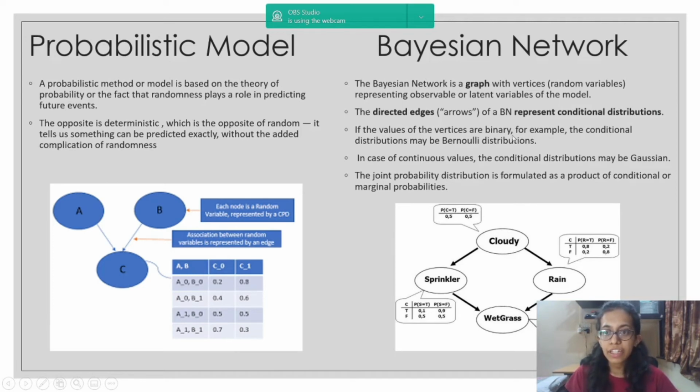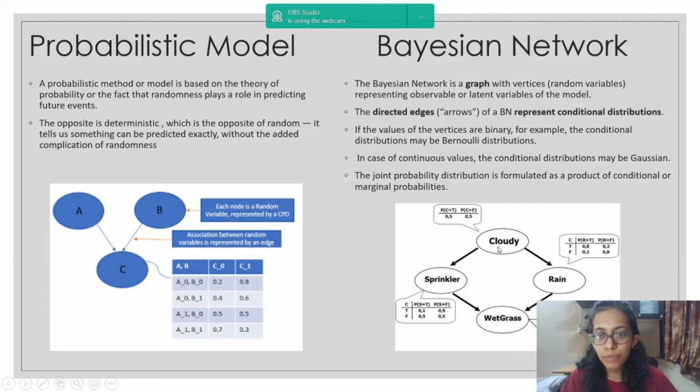The directed edges represent conditional distributions, and there are two things that we have to remember about the variables. If the vertices are binary or 0, 1, then the conditional distributions are Bernoulli distributions. If the vertices are continuous values, then the conditional distributions are Gaussian variables. The joint probability distribution is formulated as a product of conditional probabilities.